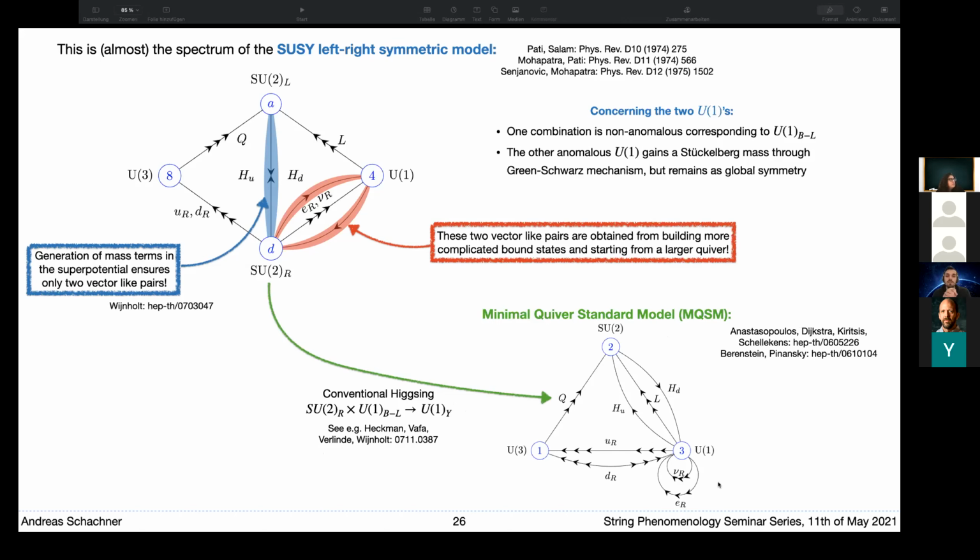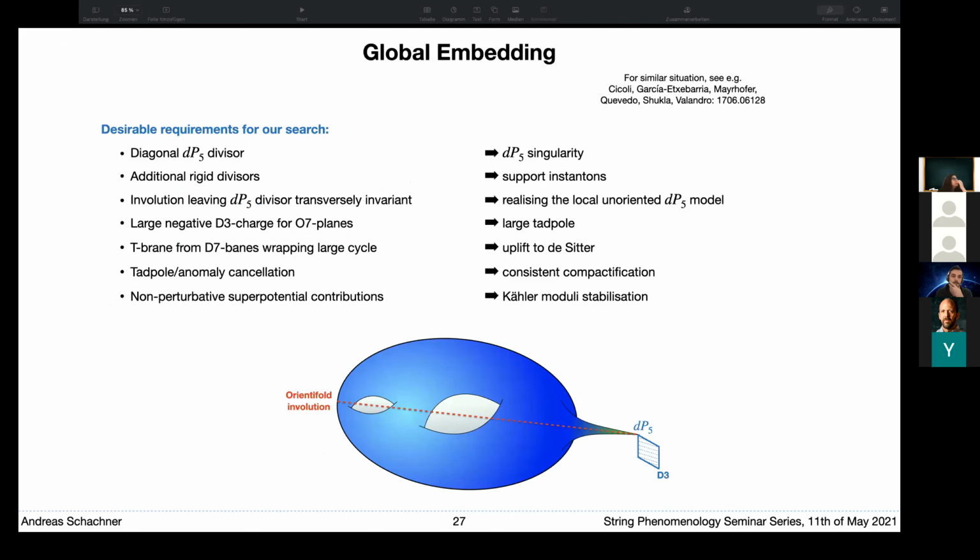Now let's come to the more pressing issue of constructing a global embedding. So for our global embedding, we have a few desirable requirements. First of all, we would like to have some dP5 divisor that allows us to have a dP5 singularity in our compact Calabi-Yau threefold.